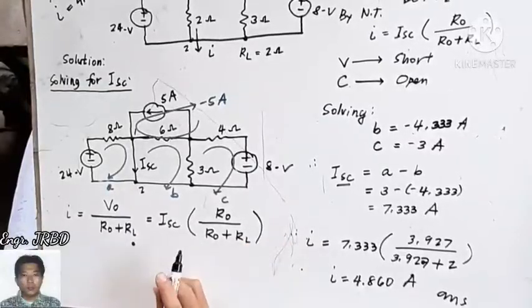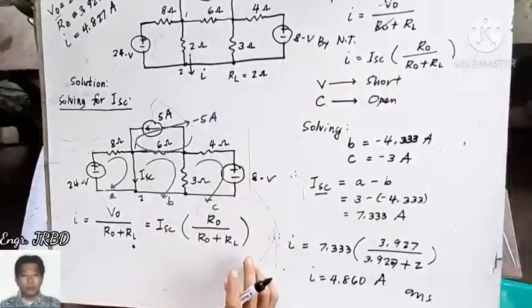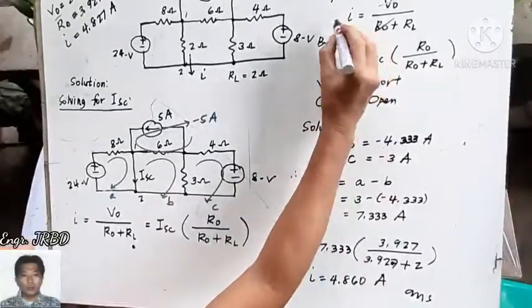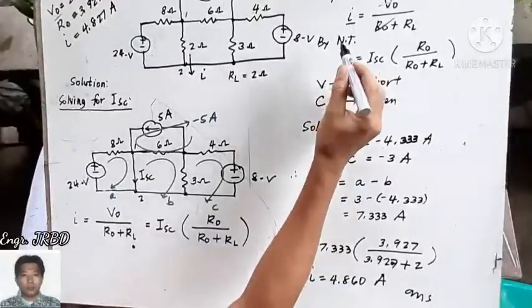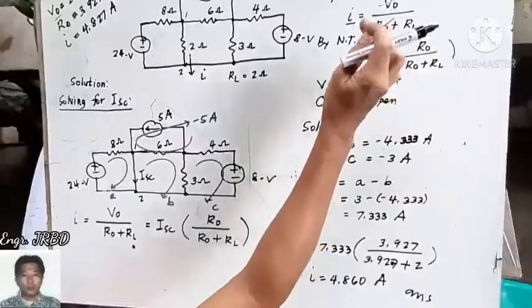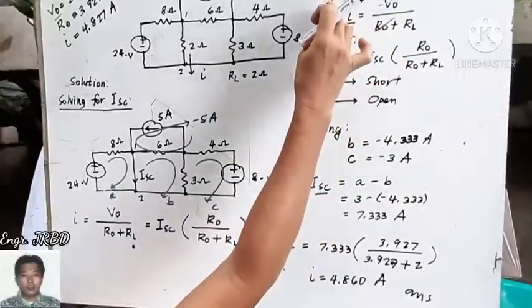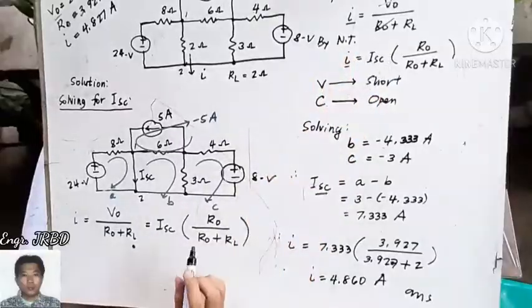Why is it that we equate the two equivalents for Thevenin's and Norton's? As you can see, under Thevenin's, we are solving for I, and by Norton's, we are also solving the same value of I. We are expecting to obtain the same value of I under Thevenin's, and it must be equivalent by using Norton's.